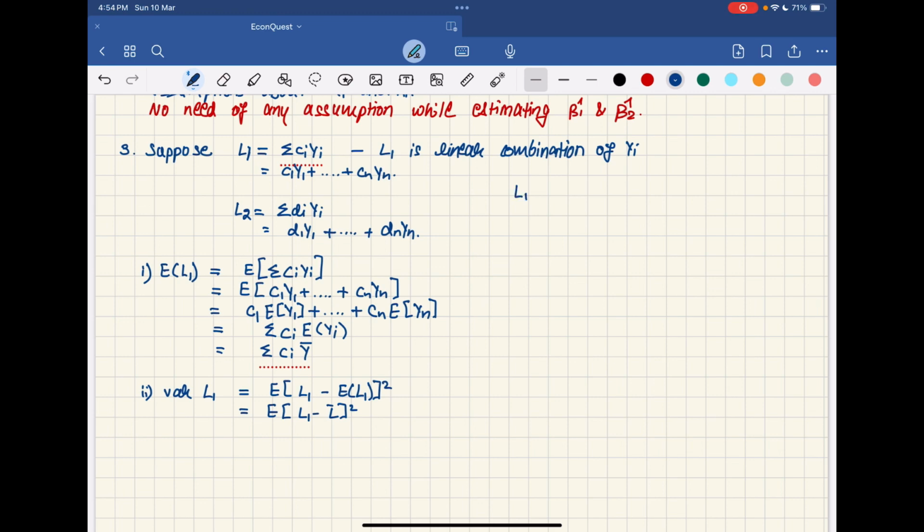In L1 you have c1 y1 till cn yn, right? In L bar you have c1 y bar till cn y bar. So if you take the subtraction, you will get c1 times y1 minus y bar till cn times yn minus y bar, right?